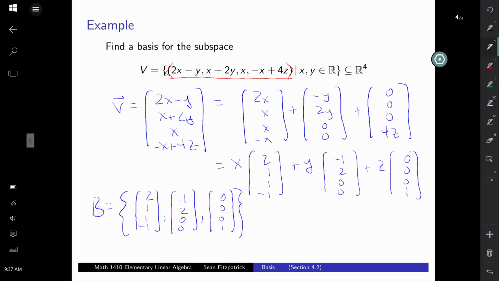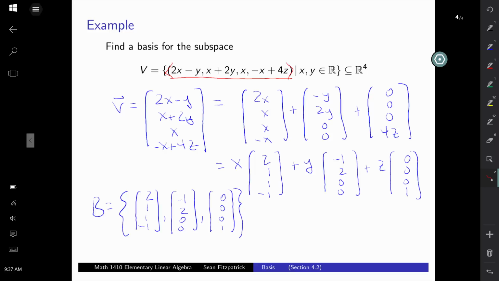Why is it independent? One way to see that it's independent is to notice that you've got zeros in the third position for the second and third vectors, but not here. And so we certainly know that the first vector can't be written as a linear combination of the other two, and those remaining two are not scalar multiples of each other, they're not parallel.